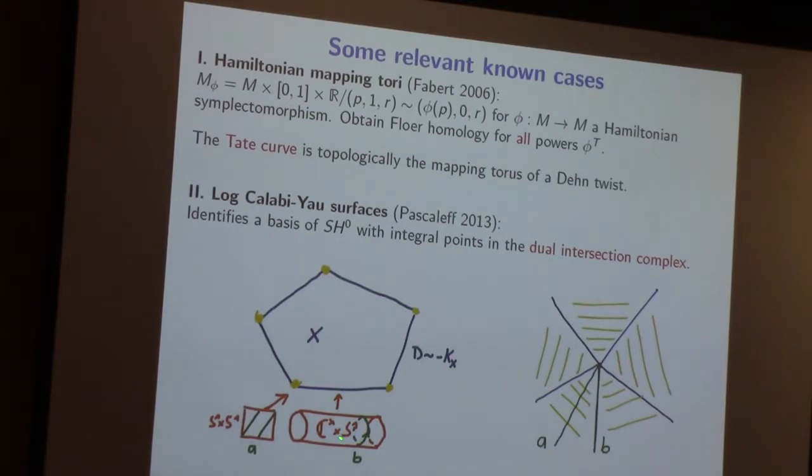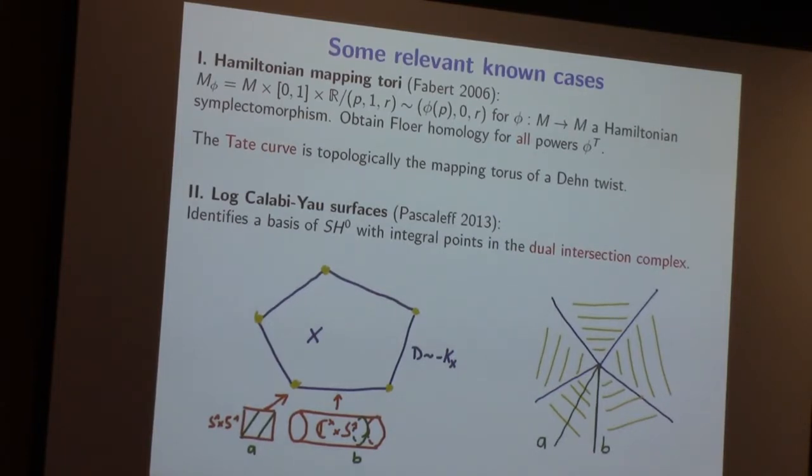And here you can just wrap around by an integer. These correspond, again, in the dual intersection complex, to the integral points on these blue lines. They are dual to these things. And otherwise, an integral point here would tell you some kind of multiply wrapped closed curve in a torus. And these are the generators.